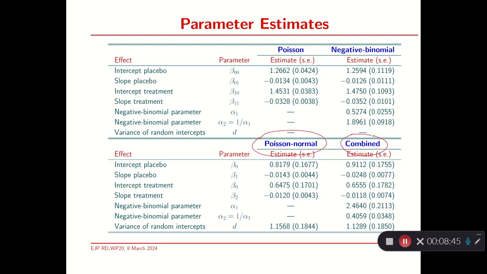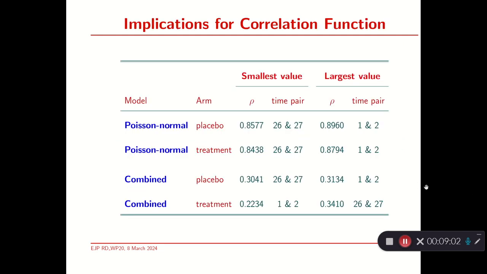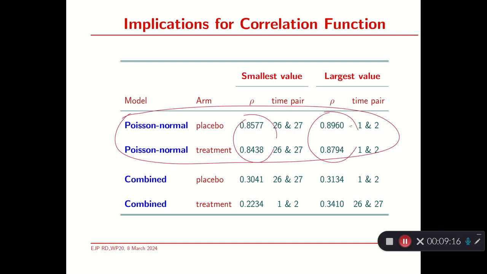The combined model, remember, with its normal and its additional random effect, allows for freedom. The correlation can be small, moderate, say, and the over-dispersion can be strong, and yet the model can still capture that. So let's see what this implies for the correlation function first, and then look at the hypothesis testing. It's clear that the Poisson normal model produces correlations, whether in the placebo or in the active group, somewhere in the range from 0.85 to 0.90, and we would be inclined to conclude that there is a strong correlation.